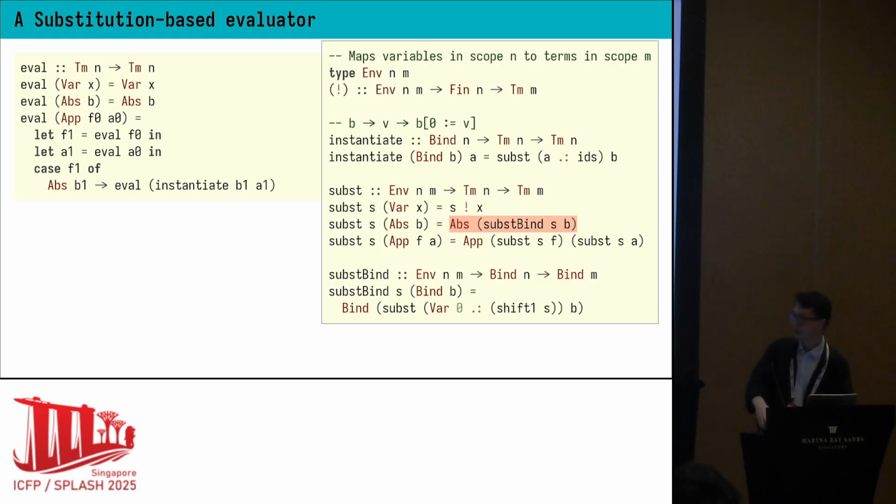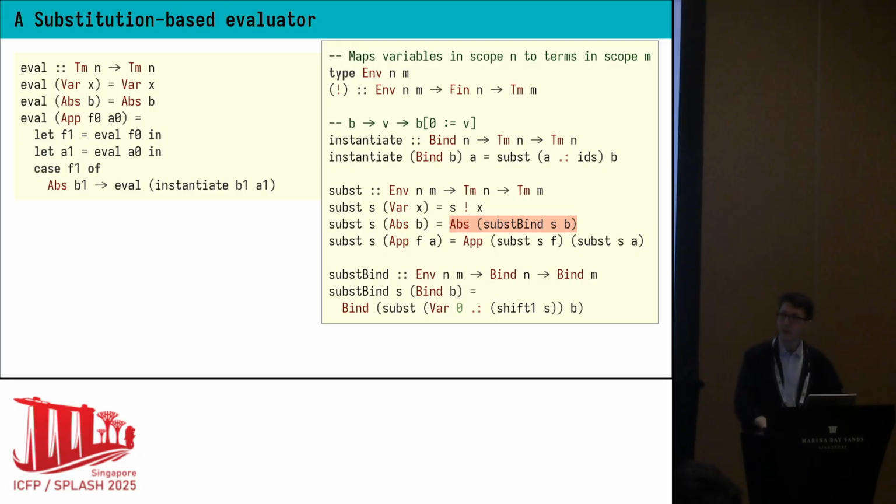All we have to do is shift the environment around, as one does with de Bruijn indices, and apply this new shifted environment to the body of the abstraction. What is IDs? IDs is a parallel substitution which acts as the identity, not replacing any of the variables. Does that sound good to you? So it's of type N or something? It is of type env and n. It maps every variable to itself.